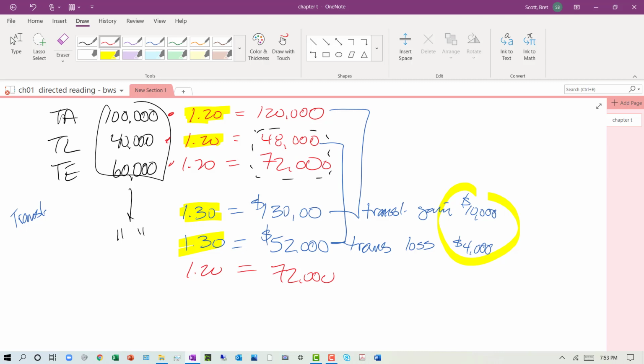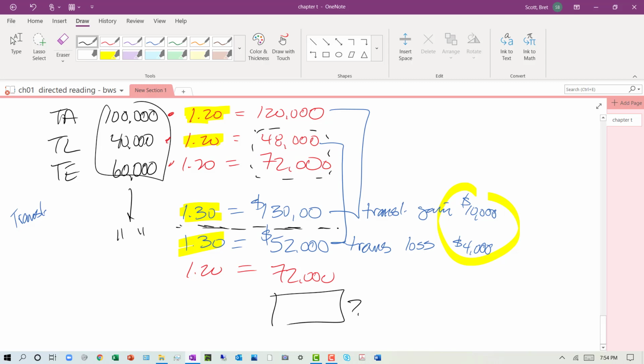130,000 minus 52,000 is 78. So what am I missing here? What's 52 plus 72? 124. I need another amount down here, a total of 124.